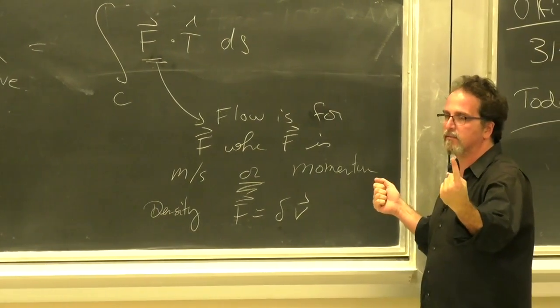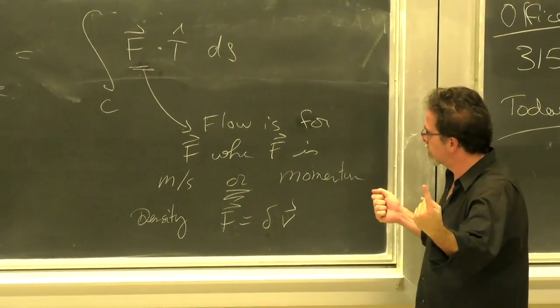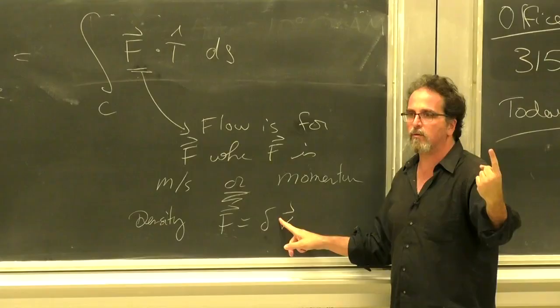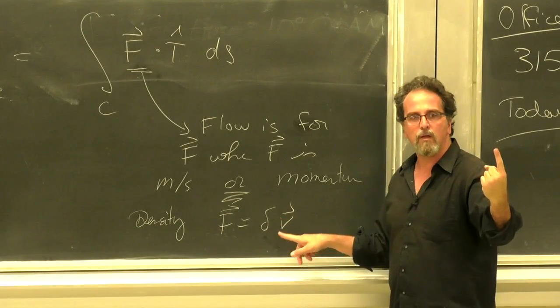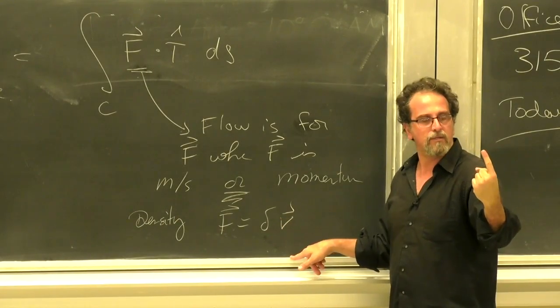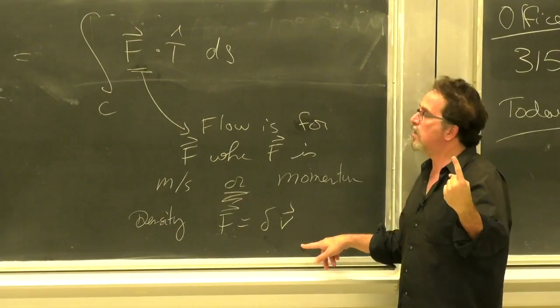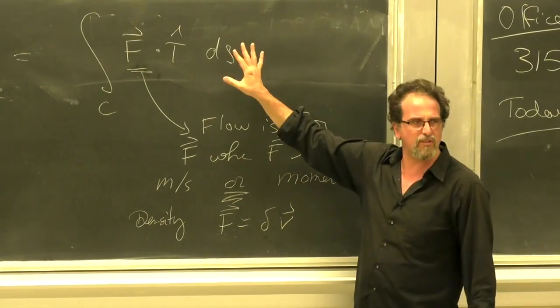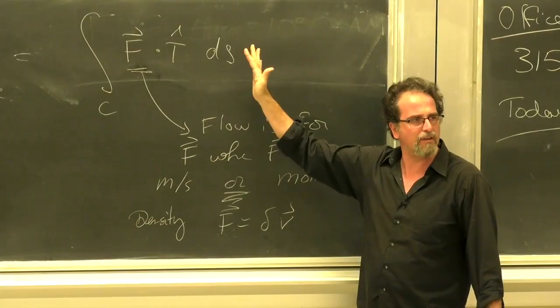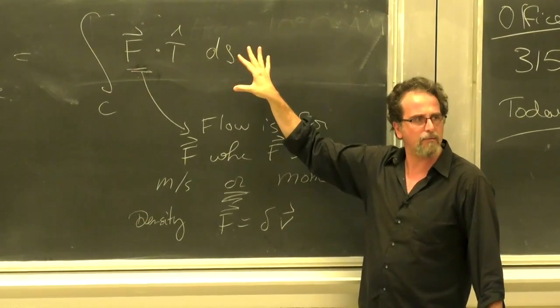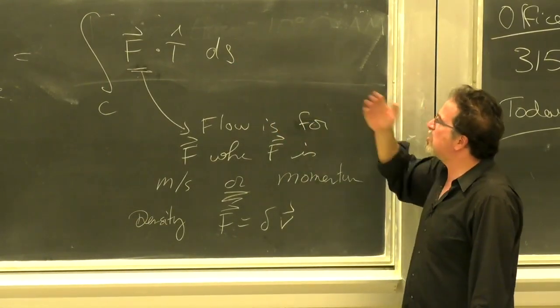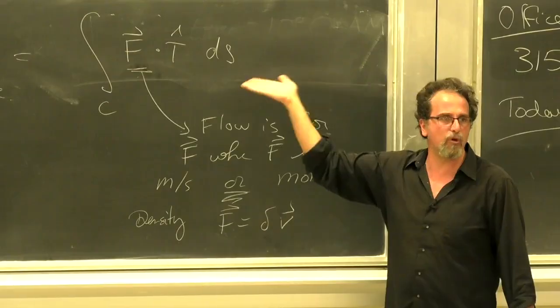That's nice. Thank you to the Napoleonic system. Kilograms per cubic meter, though, and meters per second. So this would be kilograms per square meter per second integrated over a curve. So the units of this are a little bit odd.